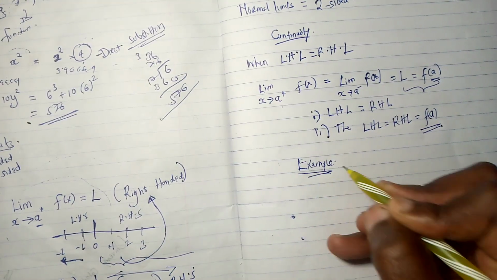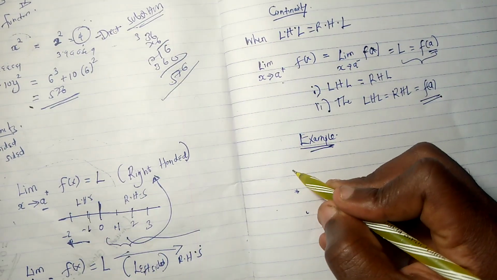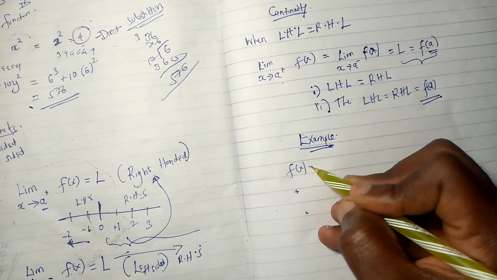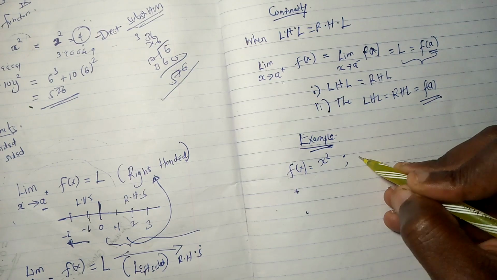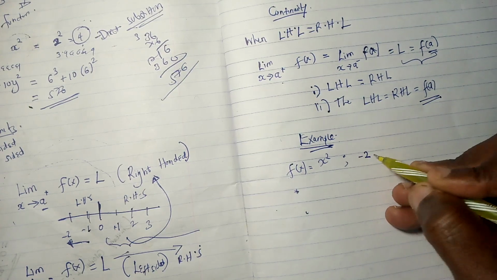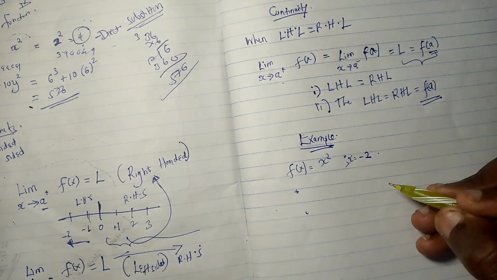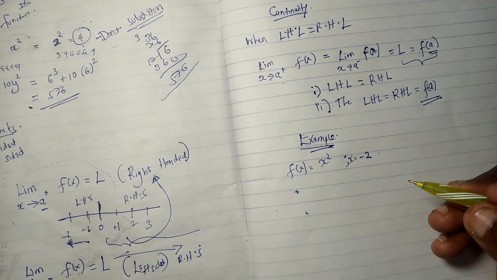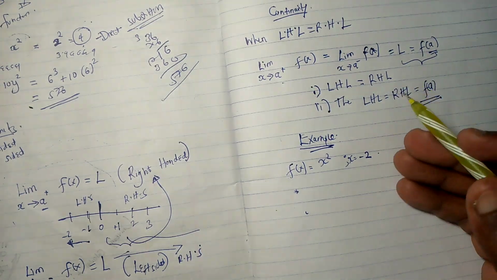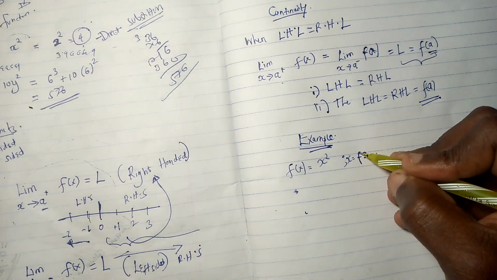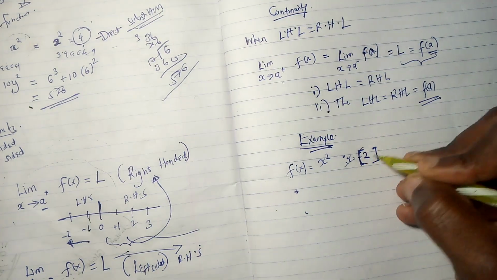Determine whether f of x equals x squared is continuous at x equals -2. In fact, not even -2, I can put an absolute value here: is continuous at 2?